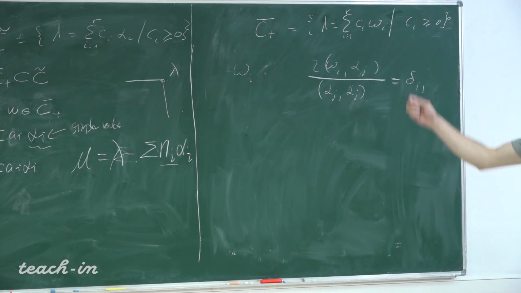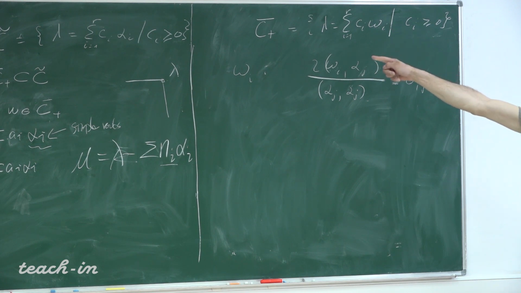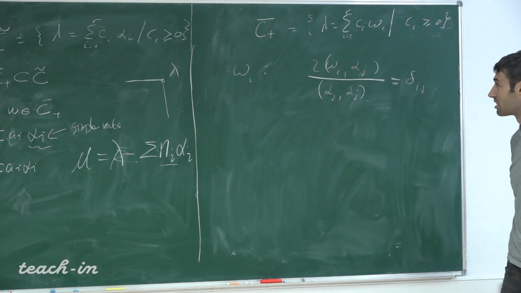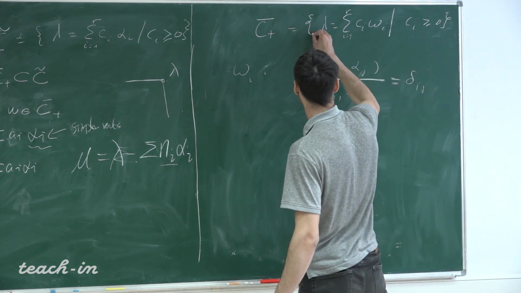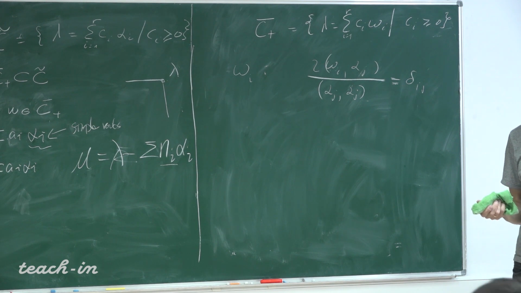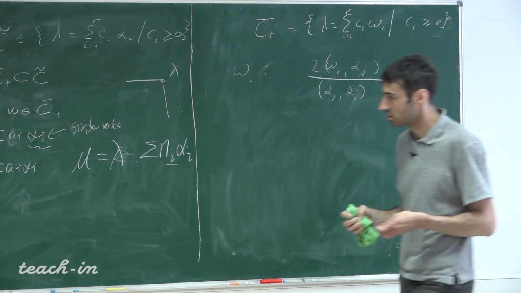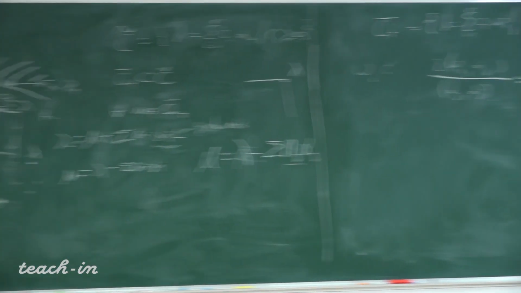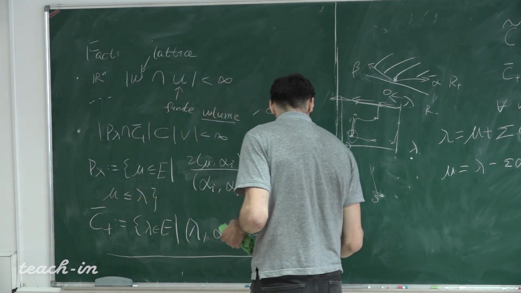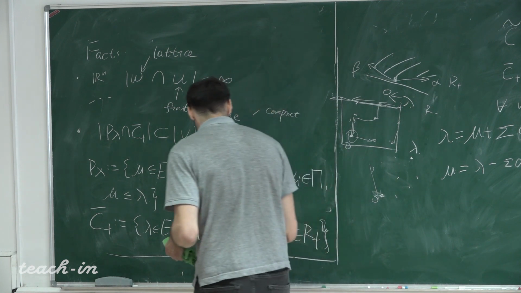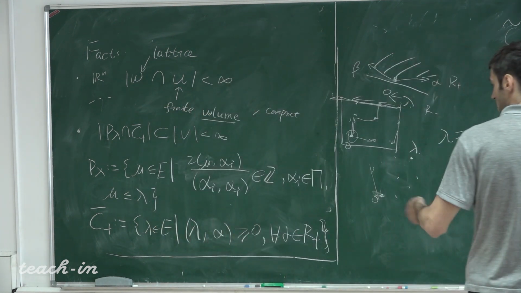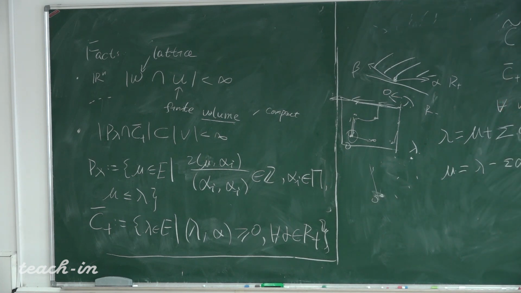So I claim that the closure of the main positive Weyl chamber is exactly this set. Is that clear? So here is the definition that we had. So how do we prove that this is the same as this?